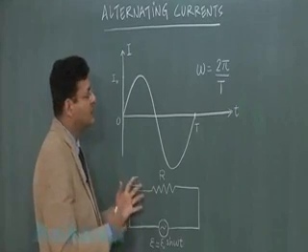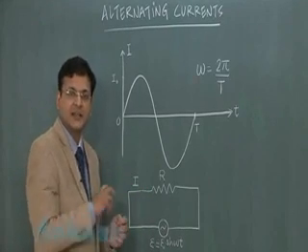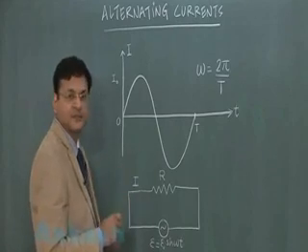The major advantage of alternating currents is that the transmission losses are very less. You understand?